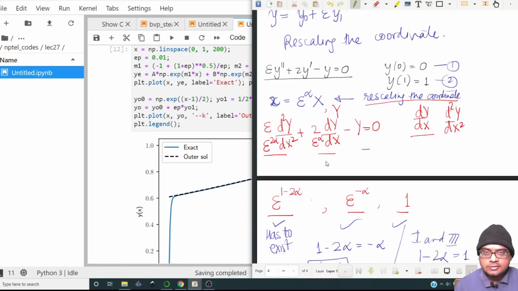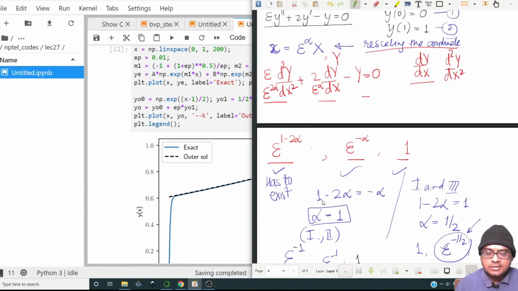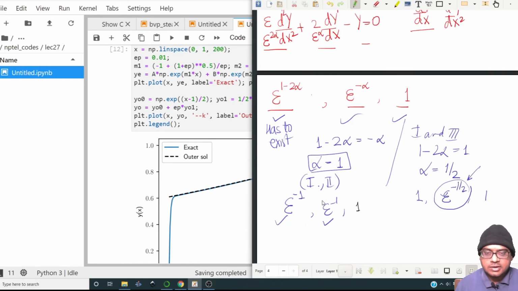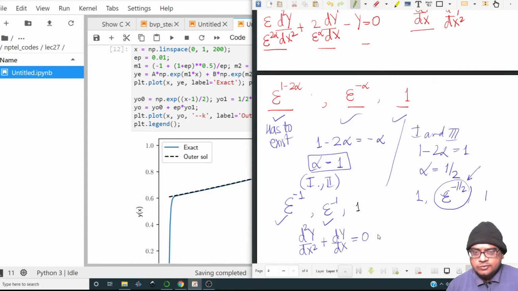Alright. So if alpha equal to 1 is the correct scaling, then what do we have? In that case, the governing equation will look something like this, plus dY/dX is equal to 0.